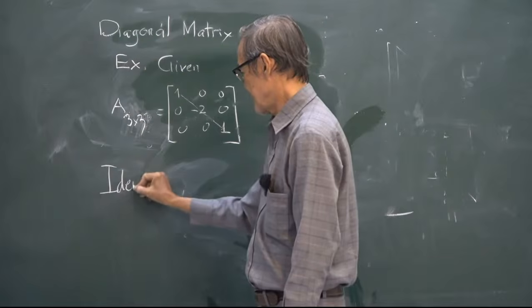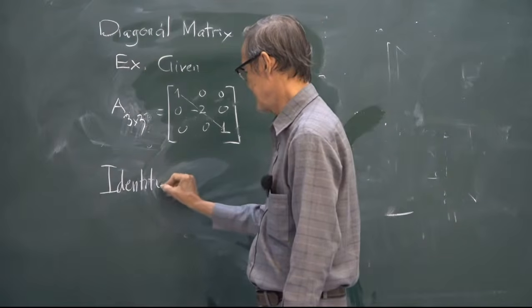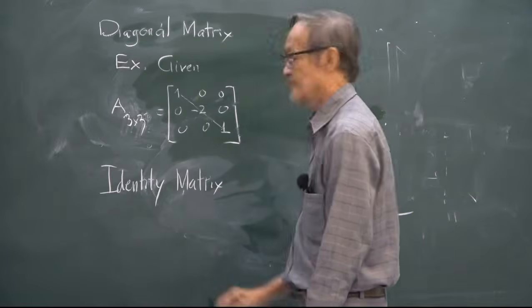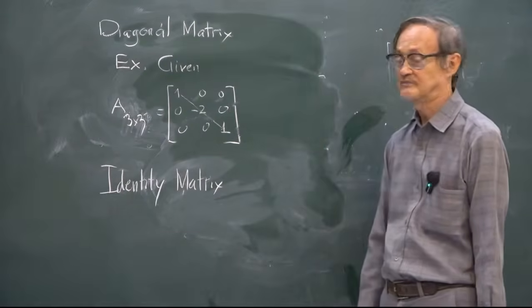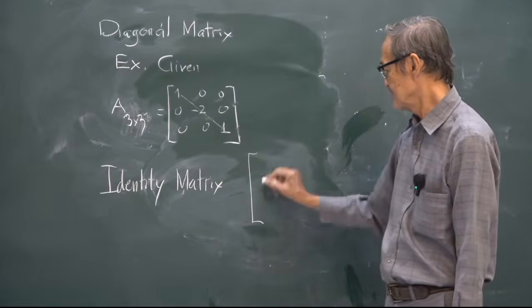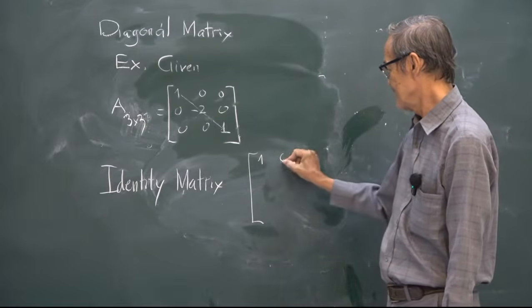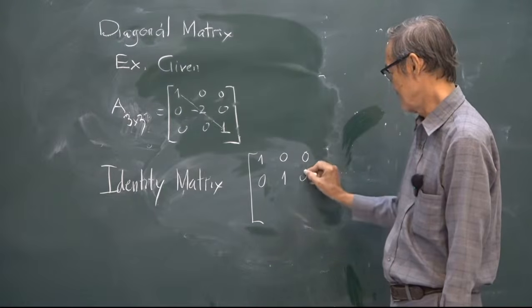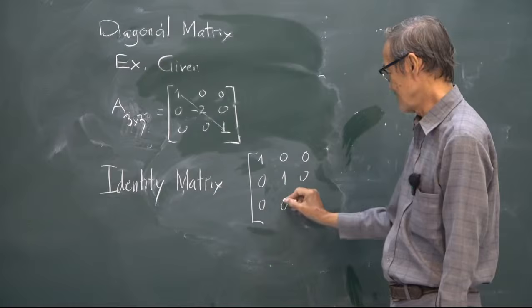Now we consider the identity matrix. For example, 1, 0, 0, 0, 1, 0, and 0, 0, 1.